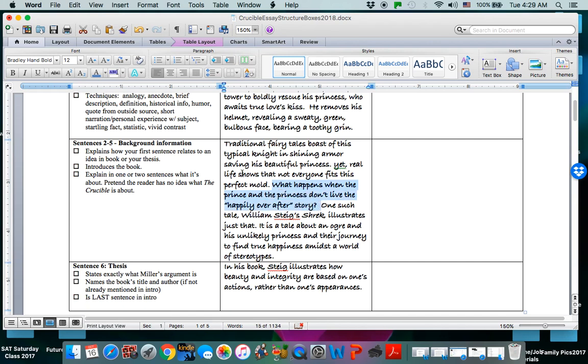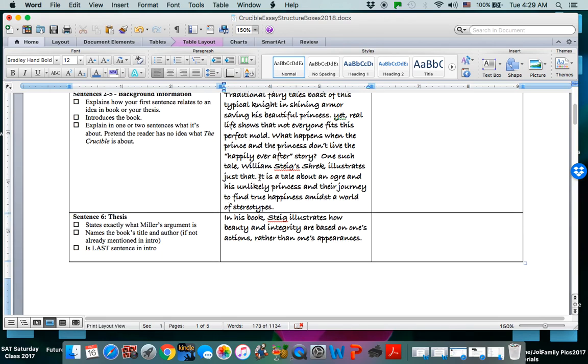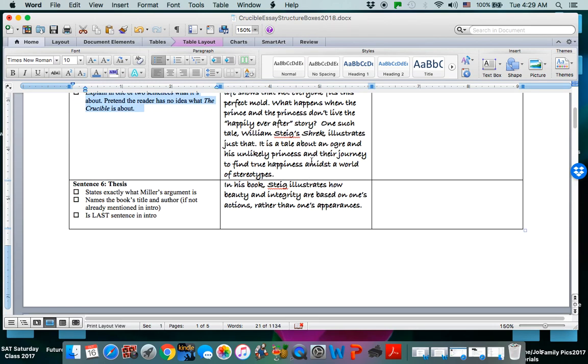Real life shows that not everyone fits this perfect mold. And hey, here's an example in a story of exactly that. And then here is my sentence that explains what the book is about: a tale about an ogre and his unlikely princess and their journey to find true happiness in a world of stereotypes. So now, I've already mentioned my author. I've already mentioned my book.